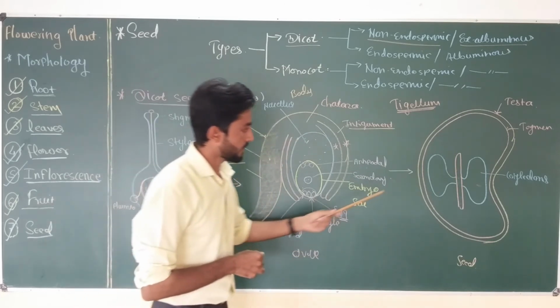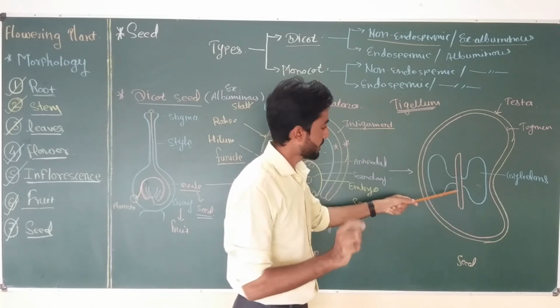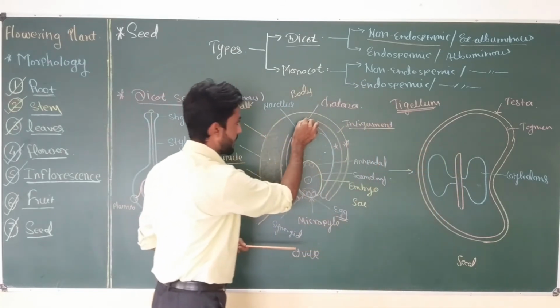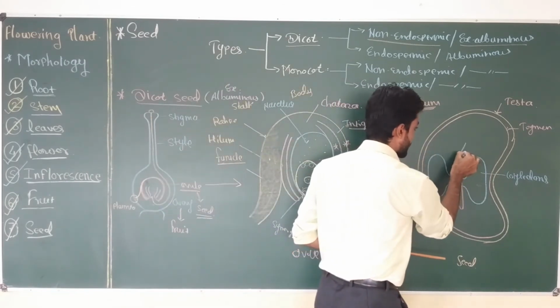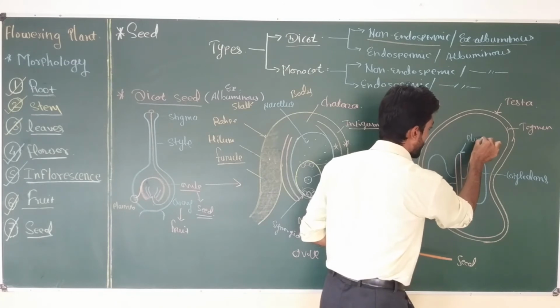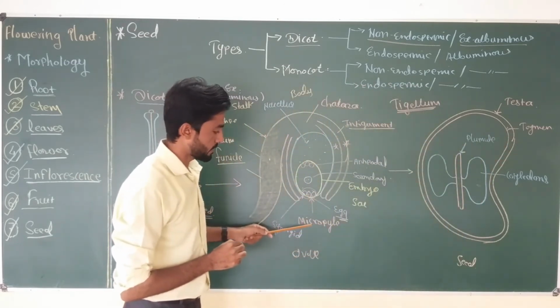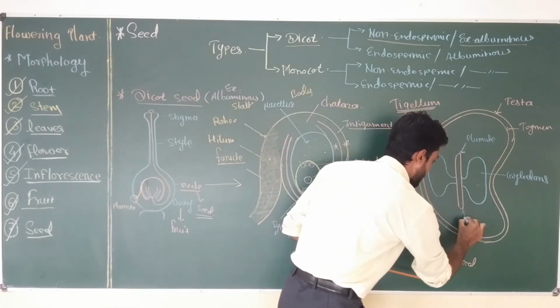Okay, now the embryonal axis shows different parts in the seed. The part which is towards the chalazal end of the ovule is called the plumule, and the part of the embryonal axis towards the micropylar end is called the radicle.